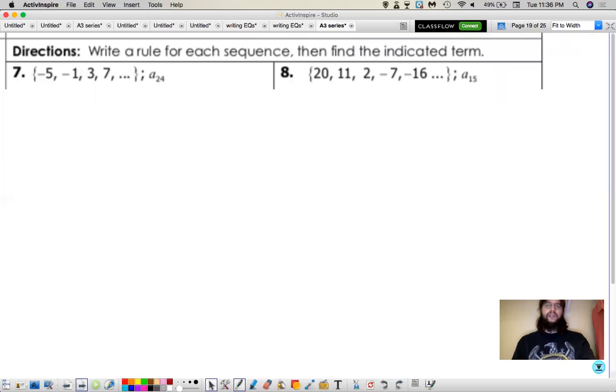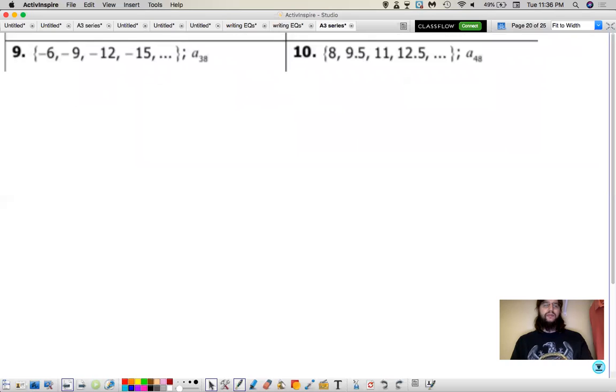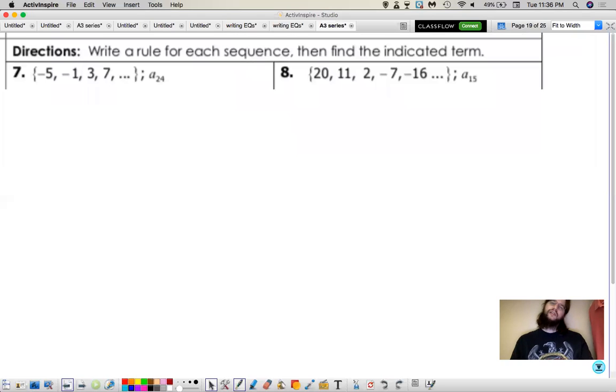So first thing, to be able to do this, we're going to want to find out what our rule is. Let's figure out what this is. So down by 4, up by 4, up by 4, up by 4.